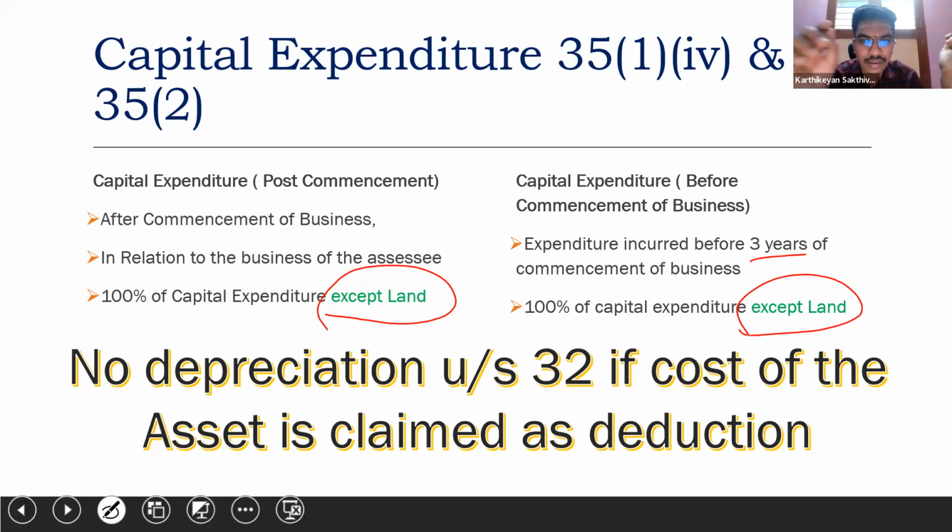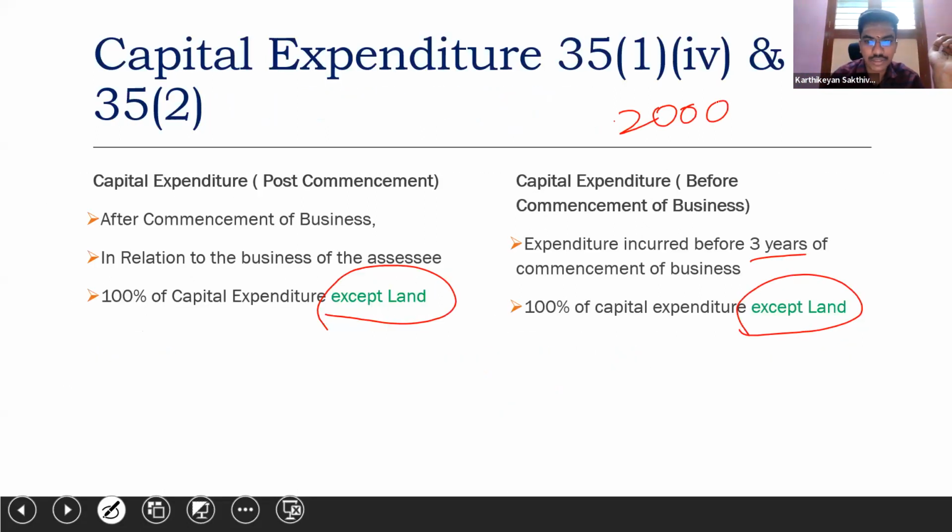So if 100% of the cost is allowed as expenditure in a single year by virtue of section 35(1)(iv) or section 35(2), then you cannot claim depreciation again. For example, if you incur capex of 2000 in the current year and the entire 2000 can be claimed as deduction, then for this 2000 cost you cannot claim depreciation as per section 32(1)(ii). That is in relation to capital expenditure.